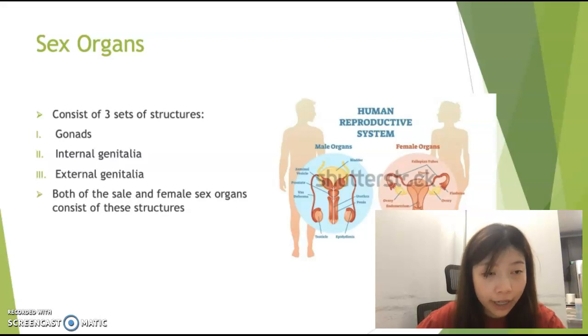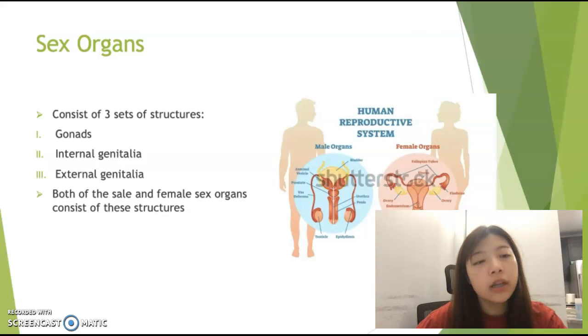The undifferentiated gonadal cells destined to produce eggs and sperm are called germ cells. The internal genitalia consist of accessory glands and ducts that connect the gonads with the outside environment. The external genitalia include all external reproductive structures.